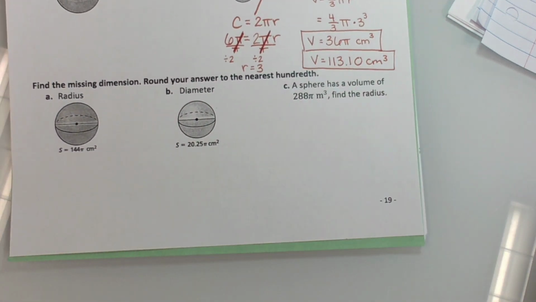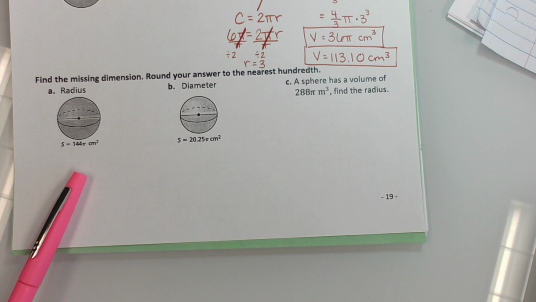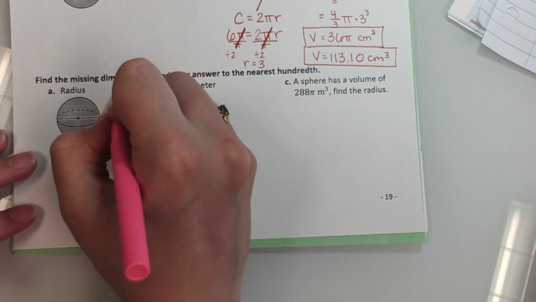Last thing you're going to see is some working backwards problems. Now, the working backwards problems are the problems that most commonly caused issues on the quiz. In any situation where you're working backwards, you identify the shape first. Sphere.